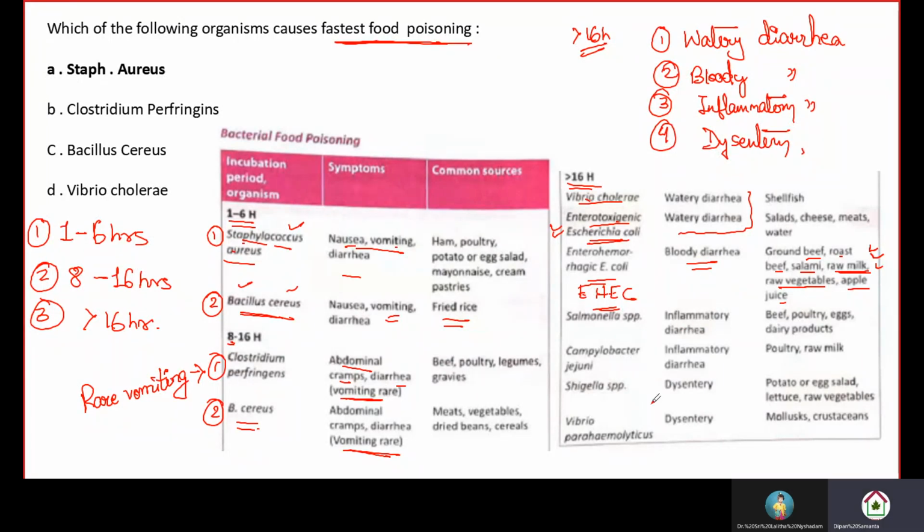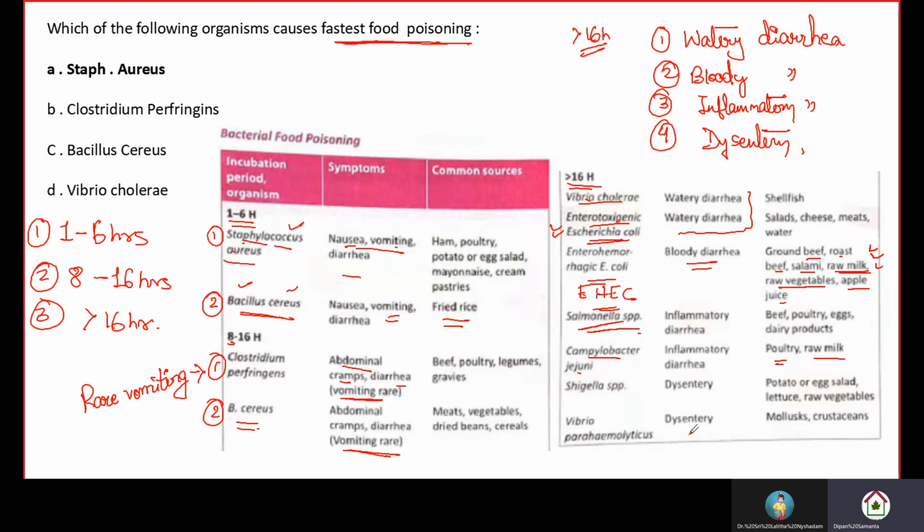Okay, next is inflammatory diarrhea. Salmonella species from beef, poultry, eggs, dairy products. Inflammatory diarrhea can also occur from Campylobacter jejuni, again from poultry and raw milk.